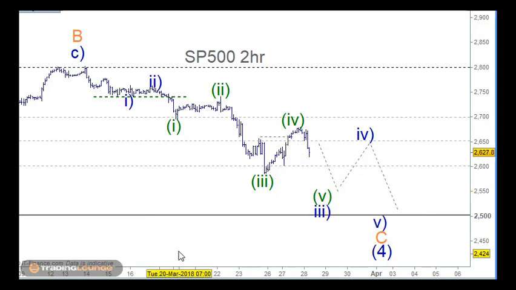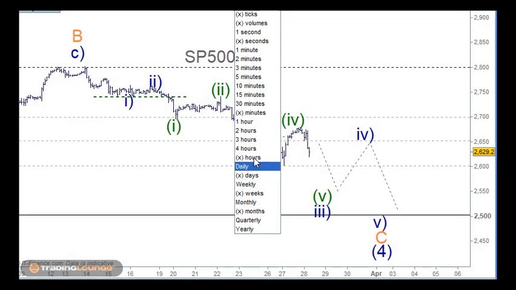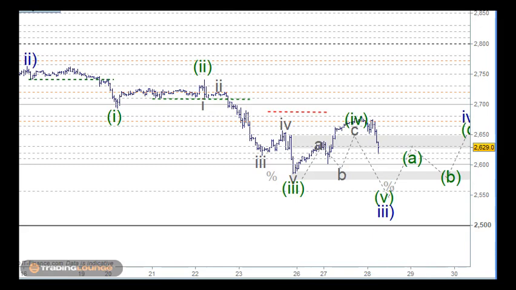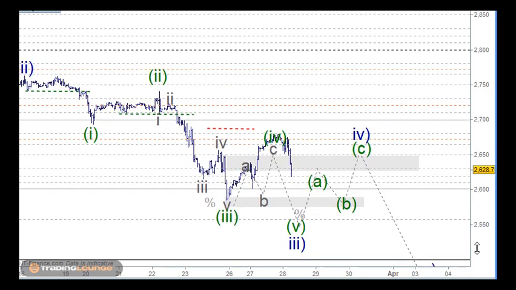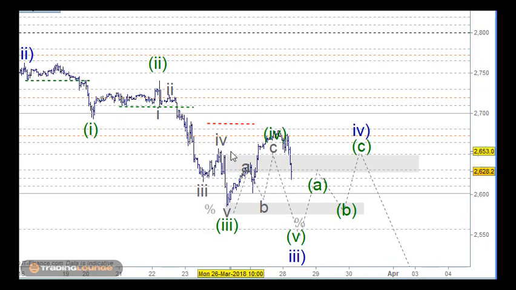We'll go to the 1-hour chart to have a little more detail in here. We can see that this was our zone for this market to pull back up. From the low here, we took some profit, and we were looking for an A wave, which came into play, a B wave to here, and then we're looking for a C wave to move up.